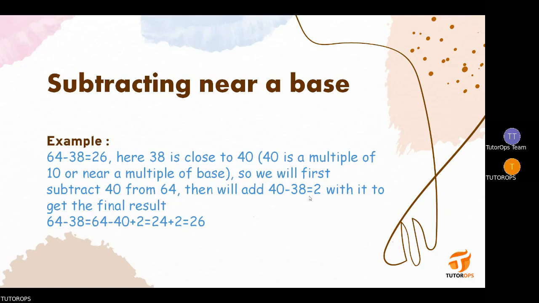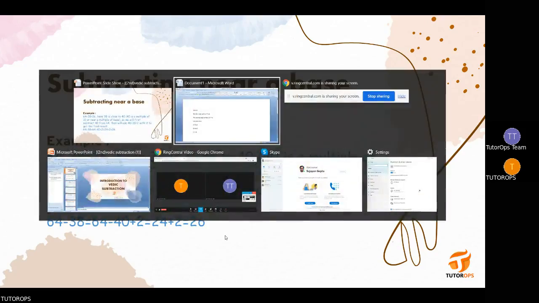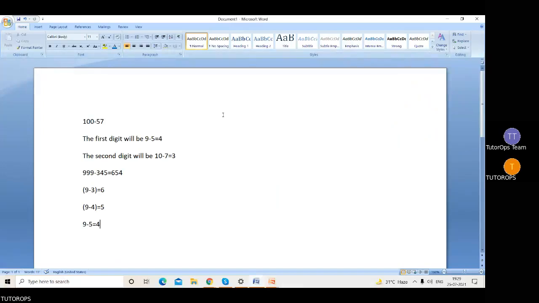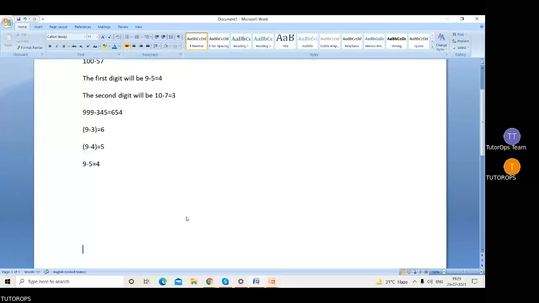Okay, so this method is very easy even when we are doing 3-digit subtraction. Let me show another example to you. We take the example 1600 minus 657.